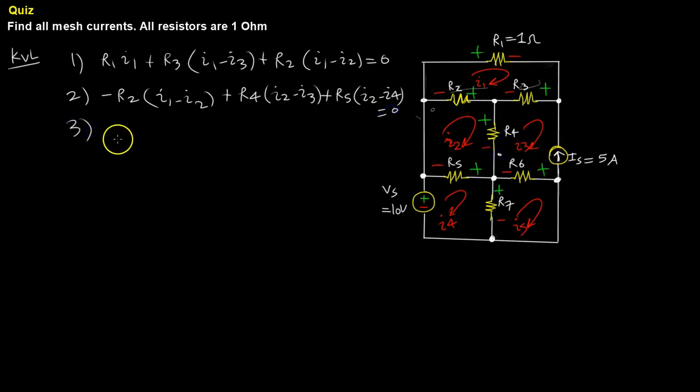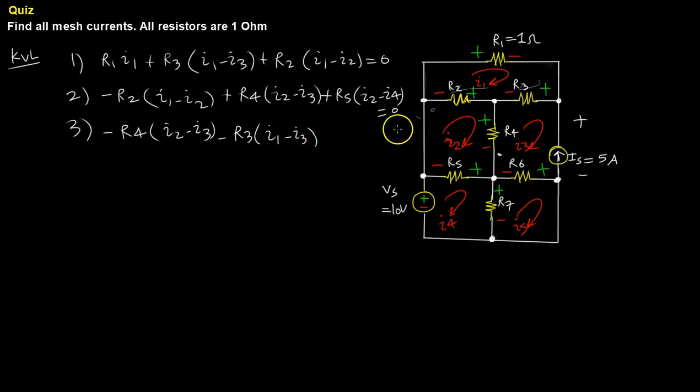I'm going to move on quickly to the third mesh. I'm going to start here and see a minus R4 times I2 minus I3. Continue to go up, see a minus R3 times I1 minus I3. I'm going to go here and I'm not going to know the voltage across this component, but what I do know is that I3 is going to equal the negative of IS.